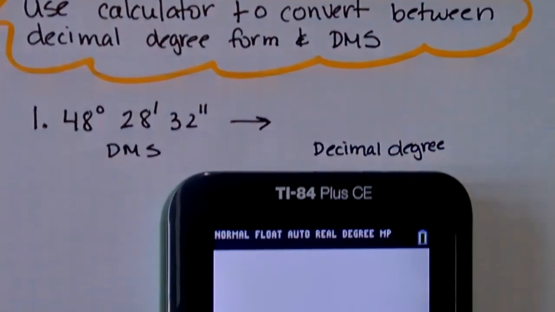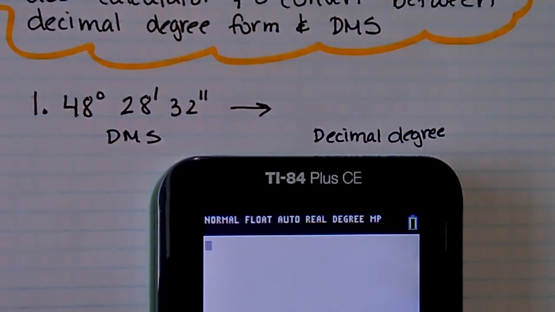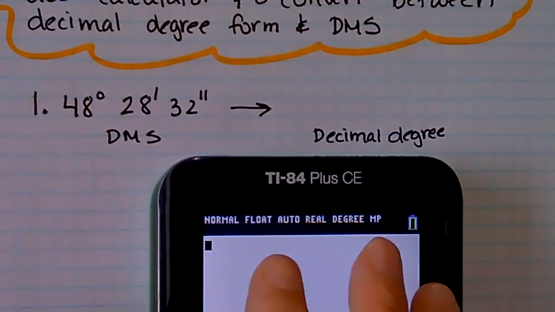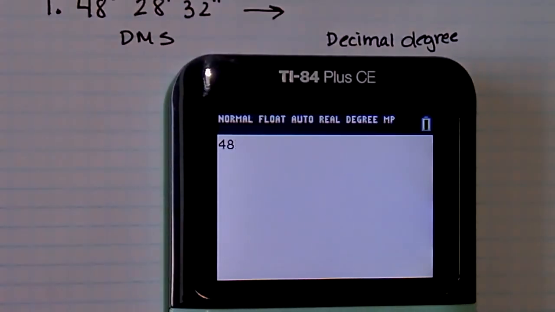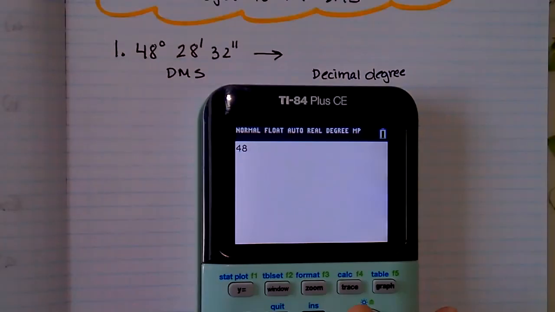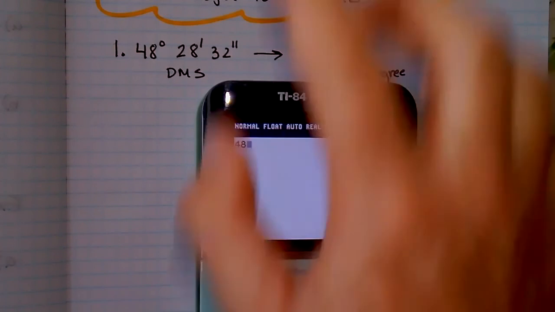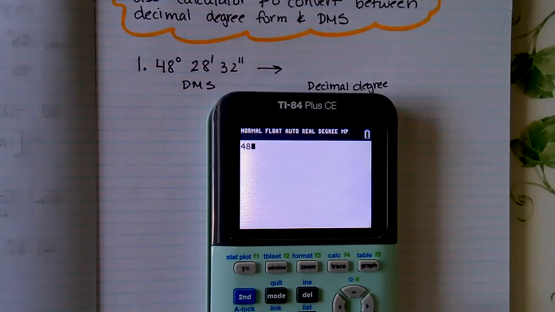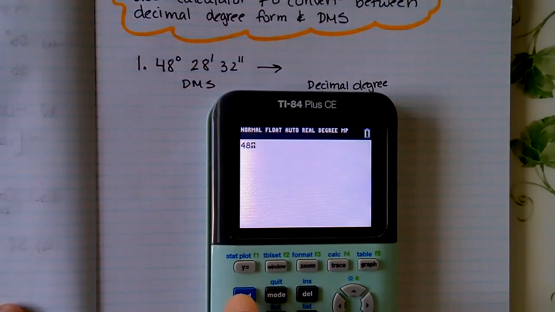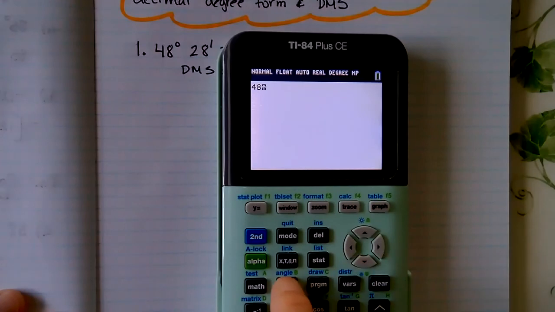So on the calculator, this is how you could do it. Again, I personally like to do it the way I did it before. Sometimes it's faster for me than trying to get to these buttons, but this is how you do it. So you're going to do 48, and you're going to do the second. So let me get it up here a little more. Let me shrink this down. Okay, and I'm going to do second, and I'm going to do apps to get angle, and I'm going to hit number one.